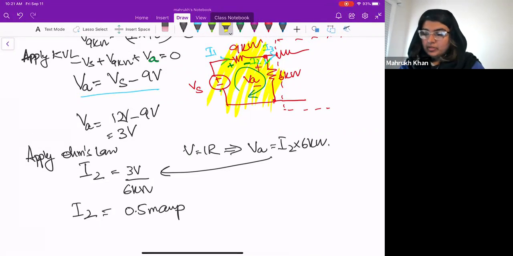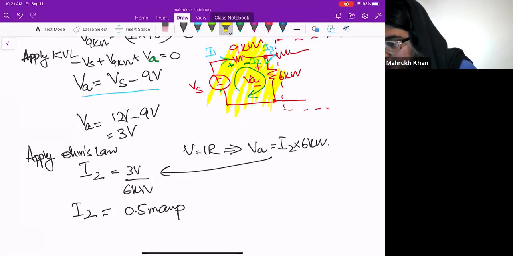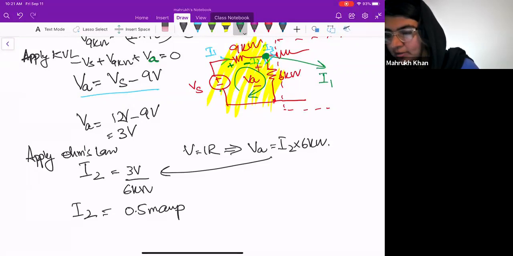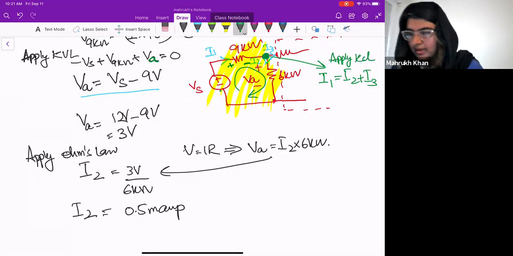So you know that at this node, I1 is entering and I2 and I3 is leaving. So I1 is equal to I2 plus I3 if we apply KCL, right?